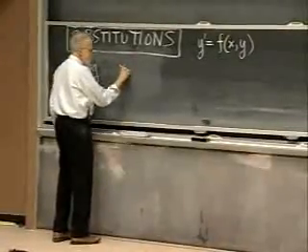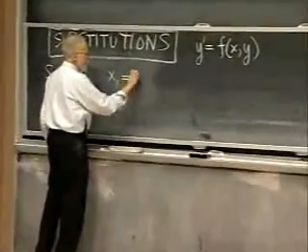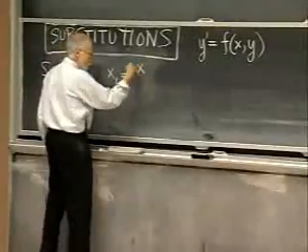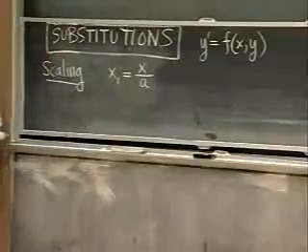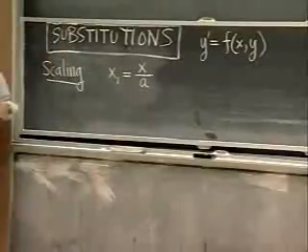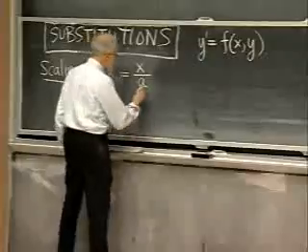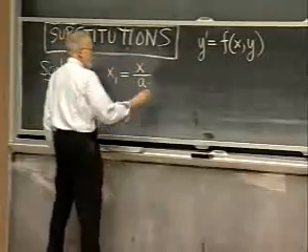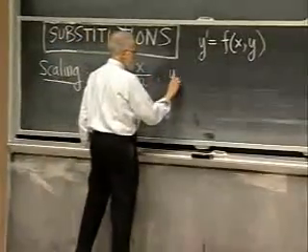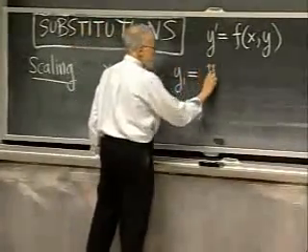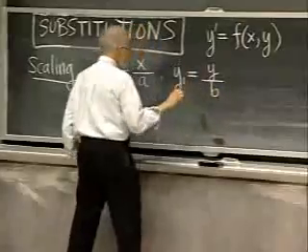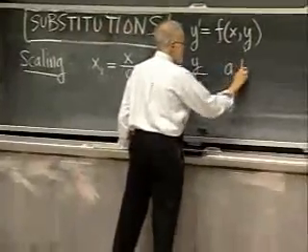Well, it means you introduce new variables where x1 is equal to x divided by a constant. I'll write it as divided by a constant, since that tends to be more the way people think of it. And y the same. So the new variable y1 is related to the old one by an equation of that form. So a, b constants.